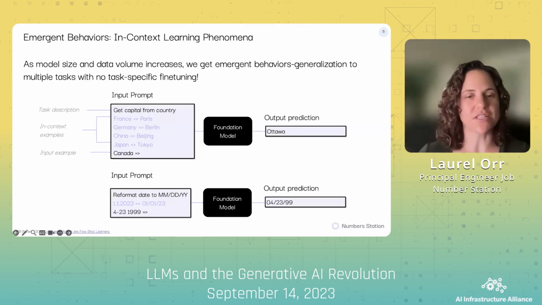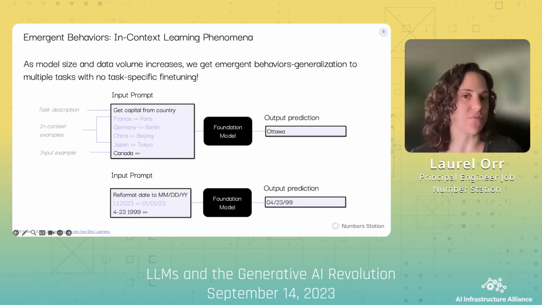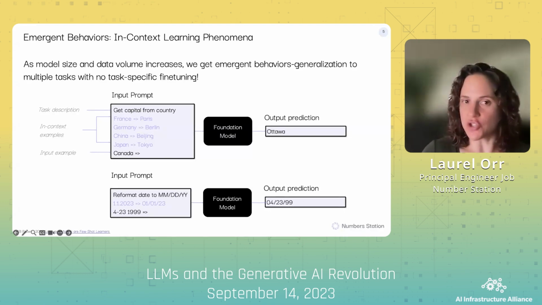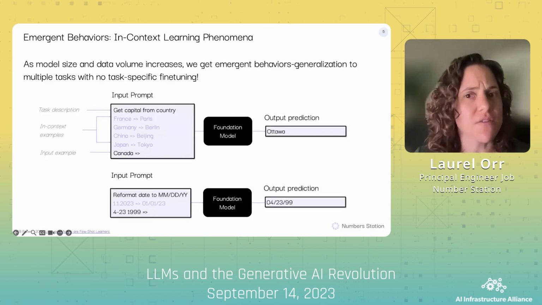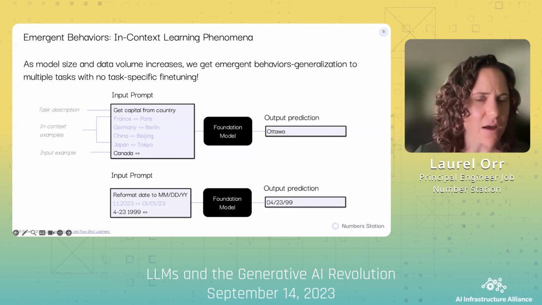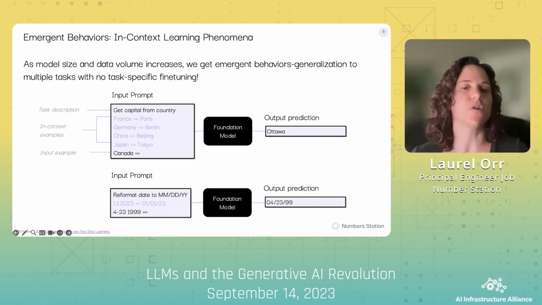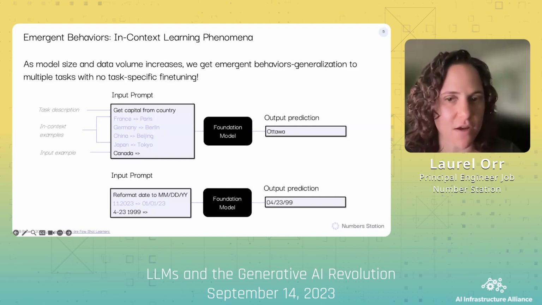How you construct this generally is you give the model three separate things. You give it a little description of what you want, so a phrase like get the capital from the country, a couple in-context examples or demonstrations of what you want the model to do. You can think of this as a very small amount of labeled data that you can use to tell the model what task you want. And then you give it the input that you want it to predict over. In this case, it's going to give you Ottawa as the capital of Canada.